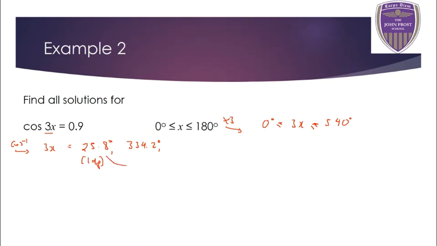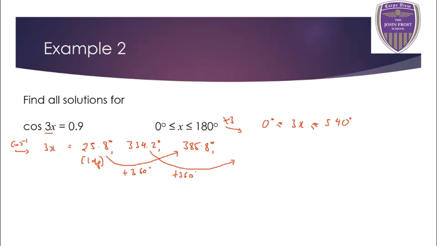To get the next one, cos repeats every 360. So you can add 360 on to 25.8, which is 385.8 degrees. That's still in the range. Then again, you'd add 360 to this one to get the next solution.